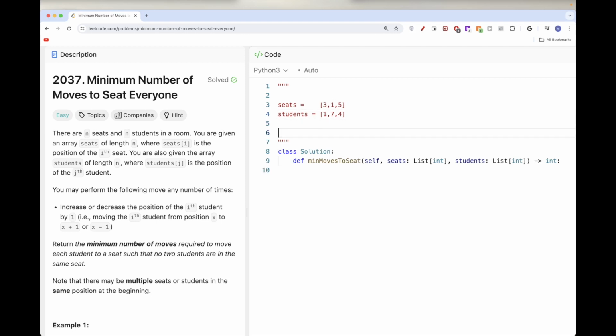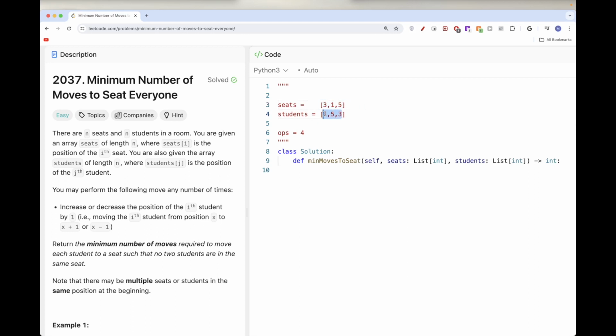So we decrement. So now the number of operations is 1. For this student, it's good to make them go to 3. So we decrement. So now we have 2. For this student 7, it makes sense to put them in seat 5. That's the closest. So we decrement by 2. So that's 4. And that's done.